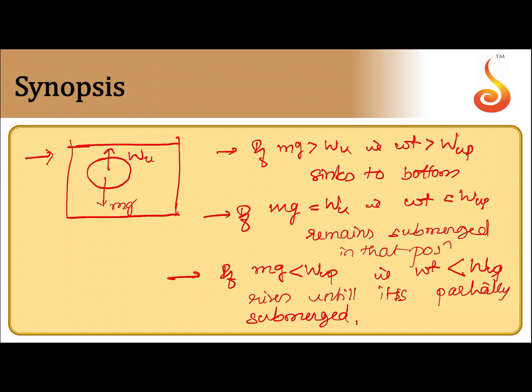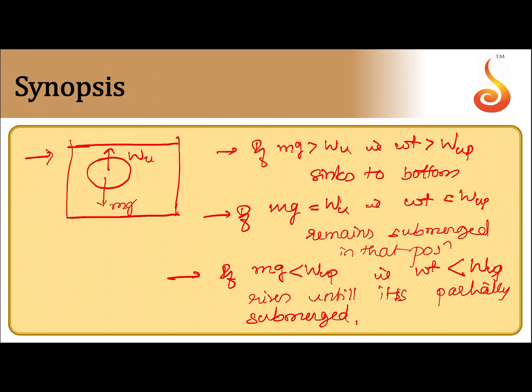So if I hold something submerged in a liquid and release it, these are the three possibilities. If the weight is greater, then the object sinks. If the weight is equal to upthrust, then there is no change, it remains suspended inside the liquid.